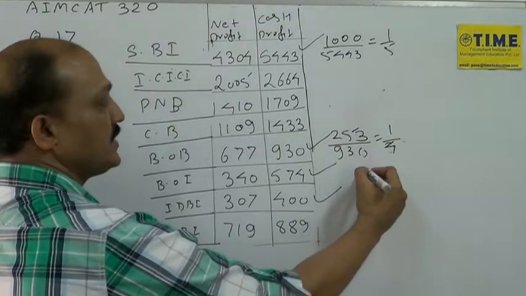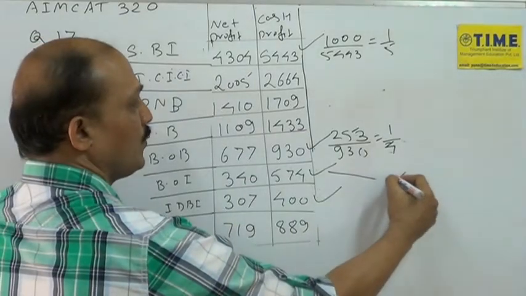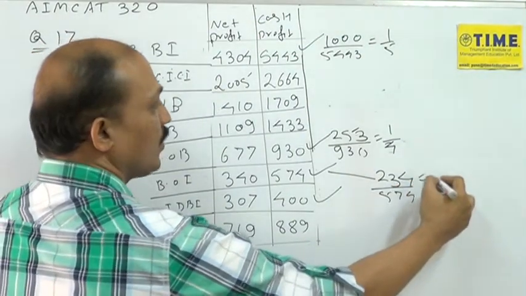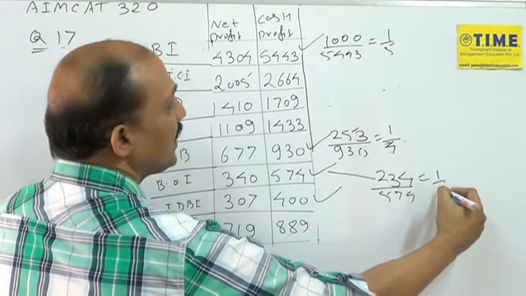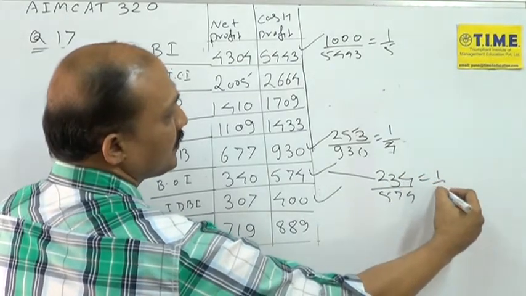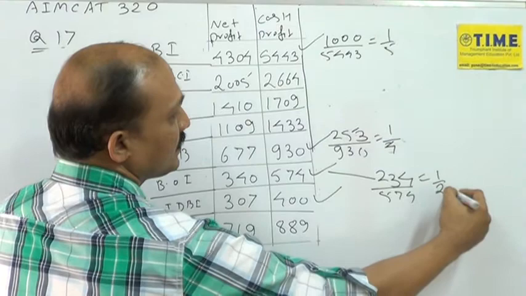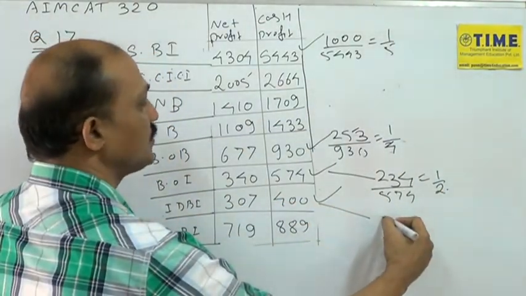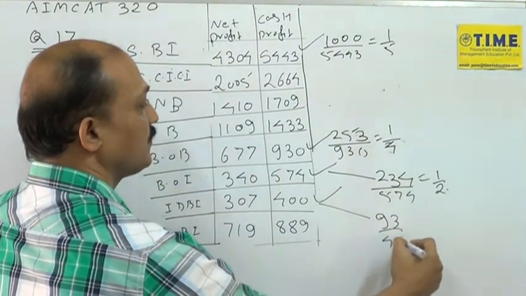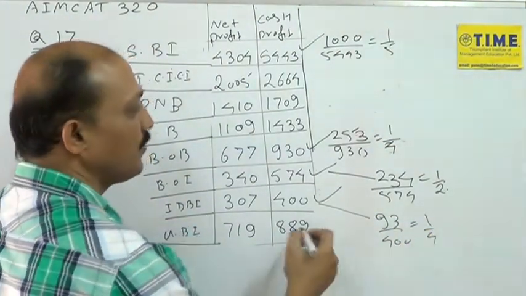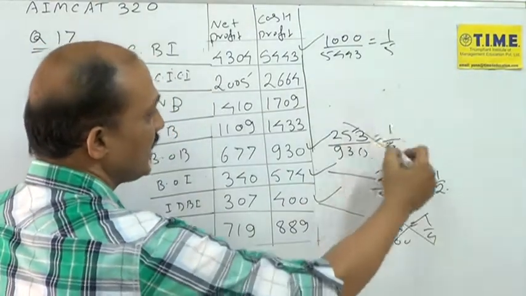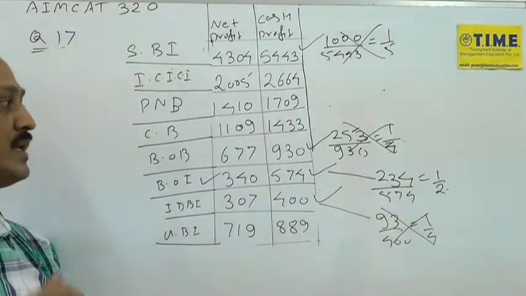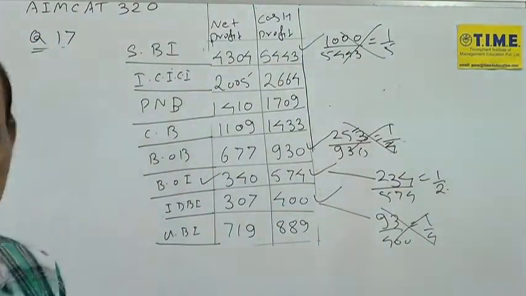The difference here, you can easily check, comes to 234 and the base is 574. This is almost 1 by 2 point something. And then the difference comes to 93 as a percentage of 400, which again comes to somewhere around 1 by 4. So 1 by 2 being the highest, I can cancel this and this. This gives me the highest possible difference as a ratio.